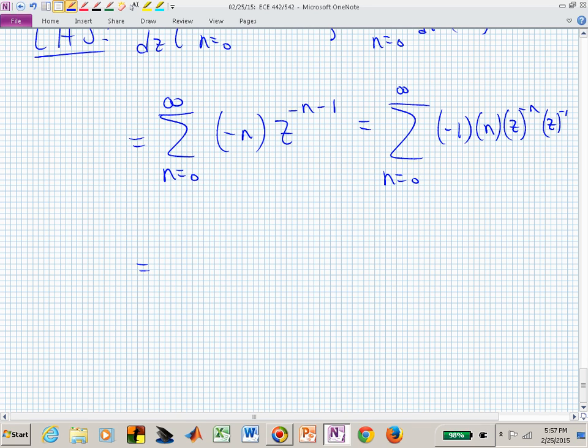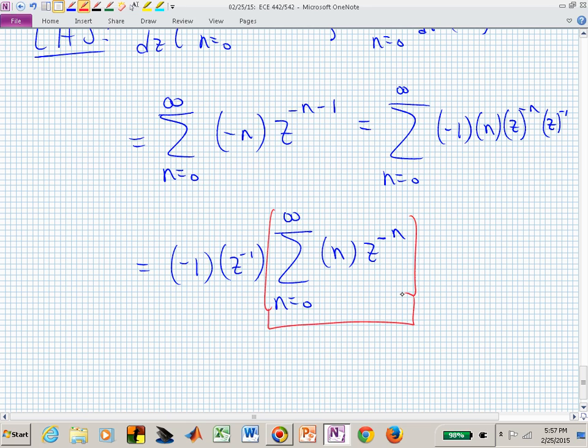It can come out. The minus sign can slide out front. I now have minus 1 Z to the minus 1 times the sum from n equals 0 to infinity of n Z to the minus n, and that's actually the piece that I was looking for. And that's the left-hand side.